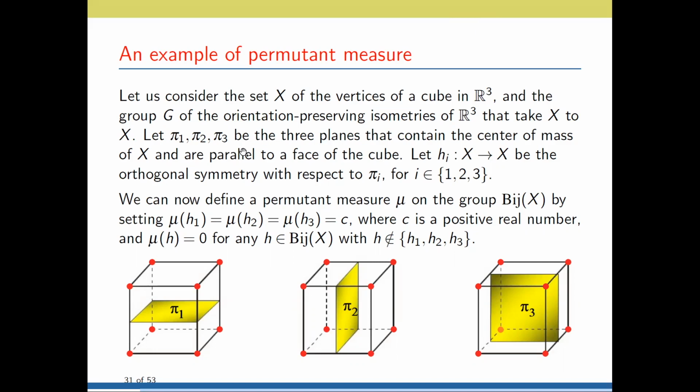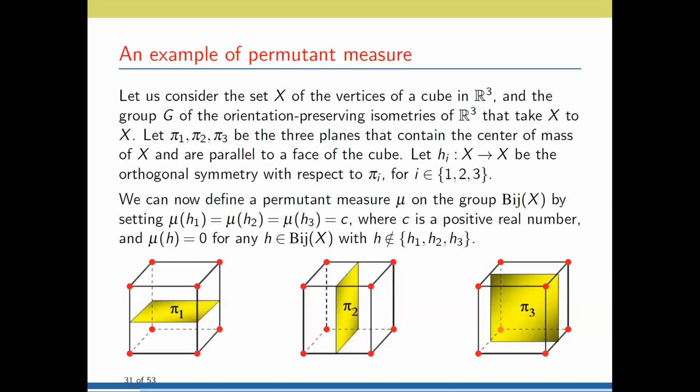Now, let us consider the 3 planes, pi_1, pi_2, pi_3, that you can see in the picture. They are the planes that contain the center of mass of the cube and are parallel to a face of the cube. Let H_i be the orthogonal symmetry with respect to pi_i.